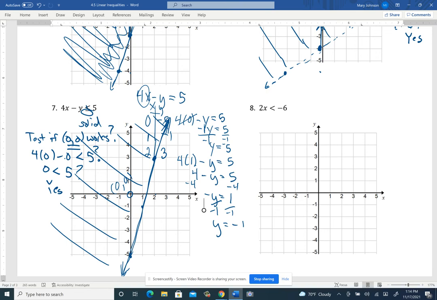You see the concept? It's kind of a 2-step process. You graph the line, which is the boundary between the points that work and the points that don't. Then you test a point that's on either side to see where the solutions are located. Okay? So the first step would be to graph 2x equals negative 6. Even though you only see one variable, we're in the context of equations in 2 variables.